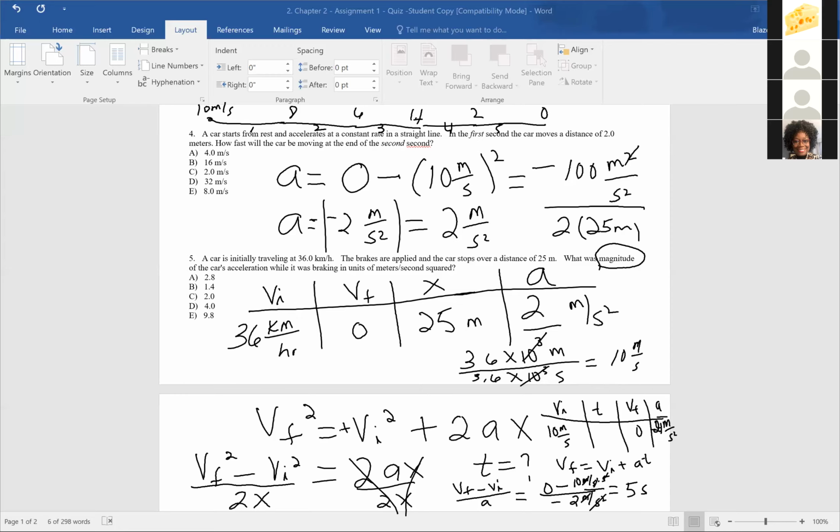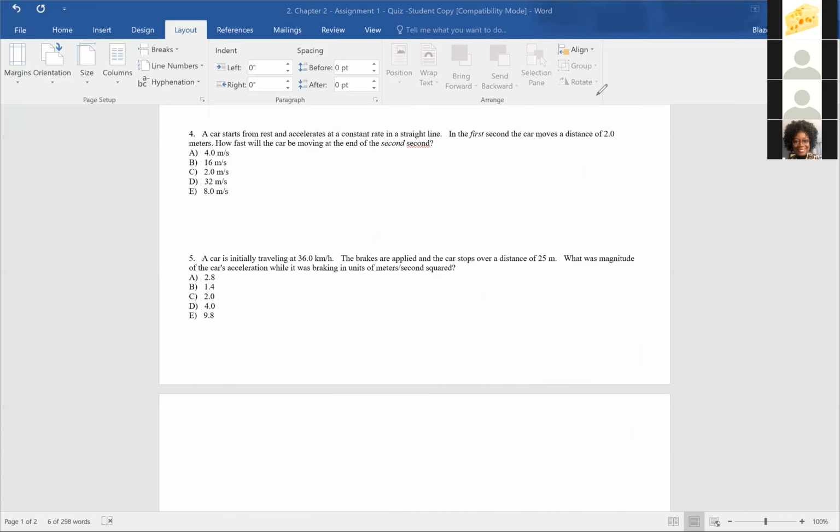I'm saying quiz, but I'm trying to say assignment 2. So let me see if I can pull up assignment 2. Okay, so let me just clear this. If I were you, I would take this page and save it. Tomorrow, I need to spend half the time going over assignment 2.